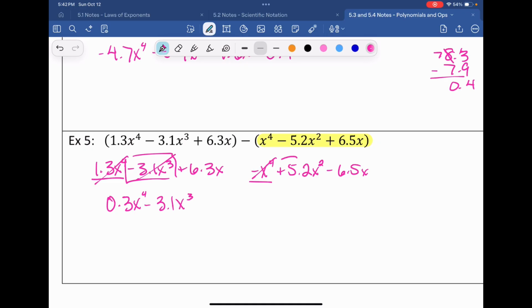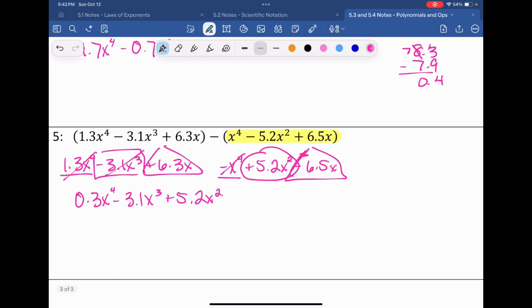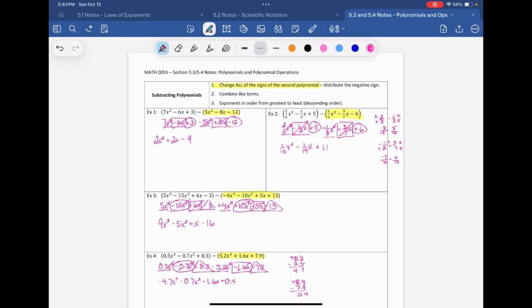X squared, and that's my only one, so bring it down. And then 6.3x, and this is also, nope, that's negative. So that's going to be minus 0.2x. All right, so the key with subtraction is to change the signs of the second polynomial and then combine your like terms. Addition, straight into combining.